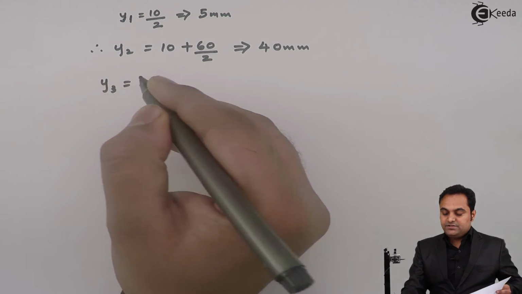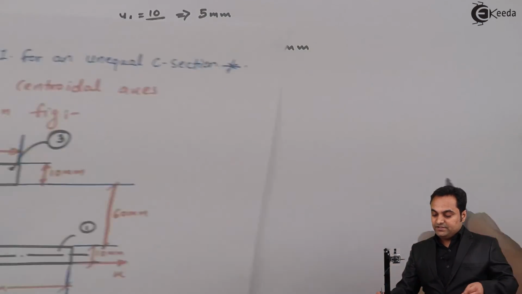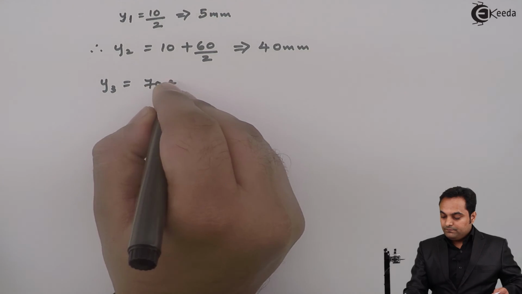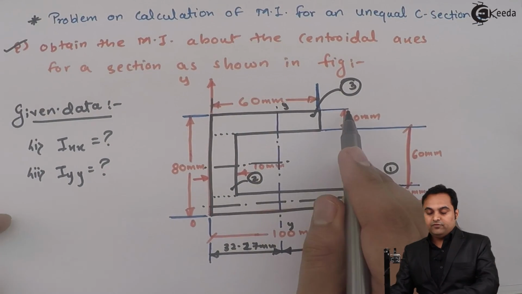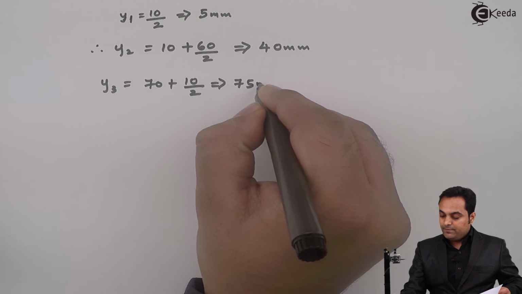Then y3 is equal to 10 plus 60, that is 70, plus half of 10, that is 75 mm.